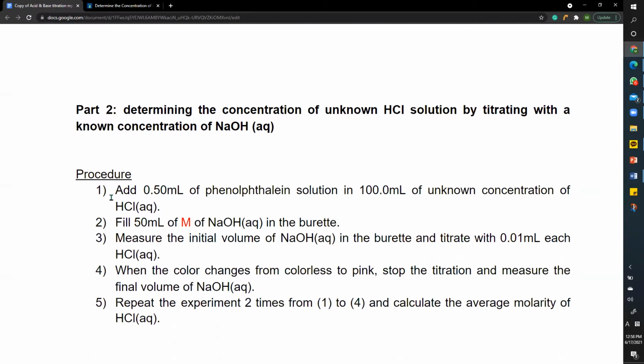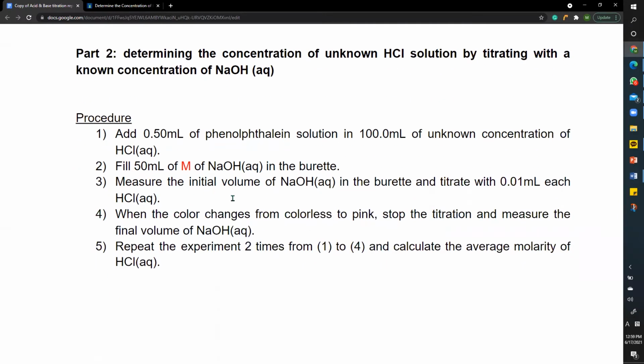First we add phenolphthalein to the HCl, then fill 50 milliliter of NaOH in the burette, titrate, and measure the initial volume of NaOH and the final volume. When the color changes, stop the titration, okay? And then repeat this experiment two times more. Calculate the average molarity of the HCl. Then the experiment is done.